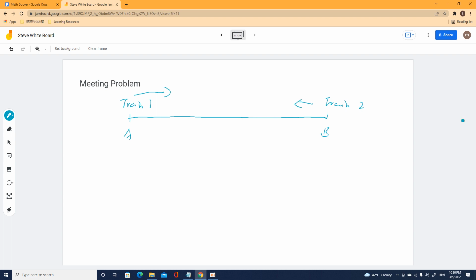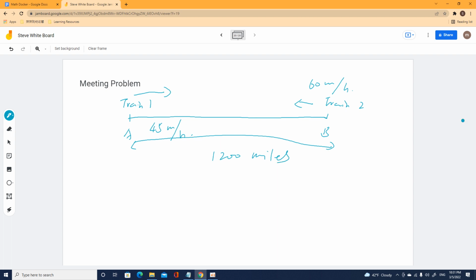For example, they give you the train 1 speed, for example 45 miles per hour. The train 2 speed is, for example, 60 miles per hour. And the total distance AB is, just imagine, 1200 miles.